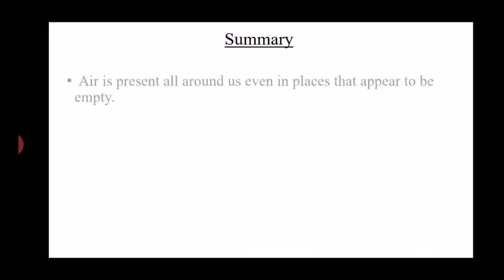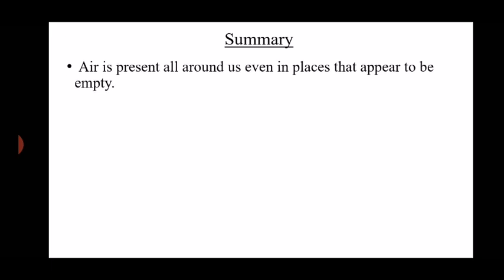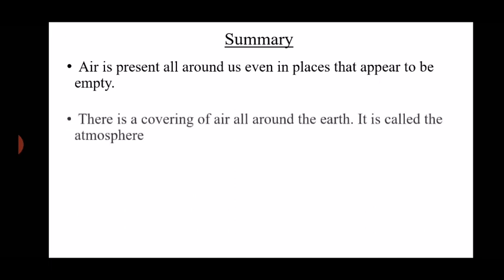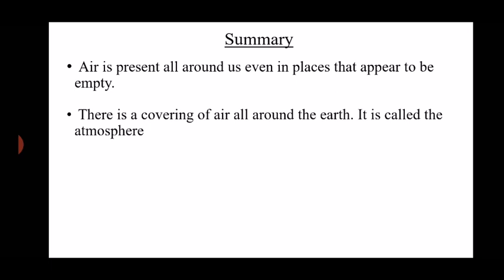Now, let's summarize the lesson. Air is present all around us, even in places that appear to be empty. There is a covering of air all around the earth. It is called the atmosphere.